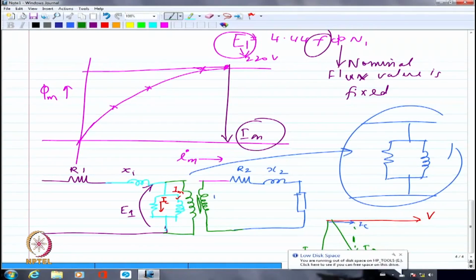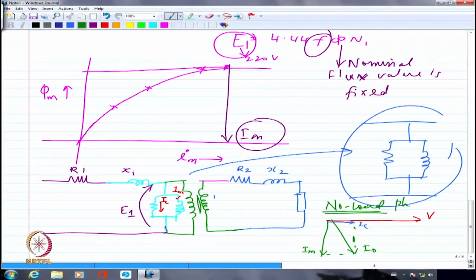So this is the phasor diagram corresponding to the no load condition. This is the no load phasor diagram, right?